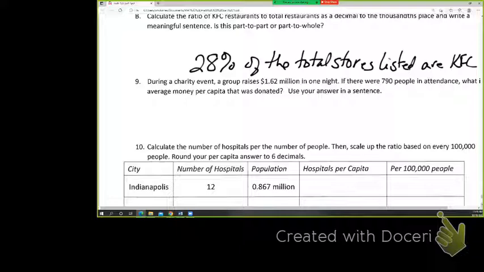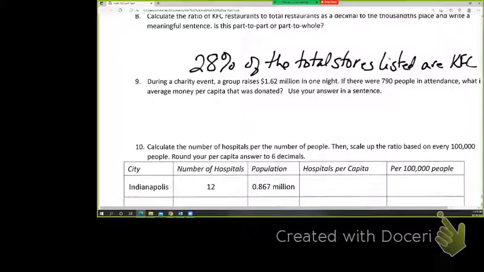All right, during a charity event, if a group raises $1.62 million and there were 790 people in attendance, what is the average money per capita? So what does per capita tell us? For every person. Per person, exactly.